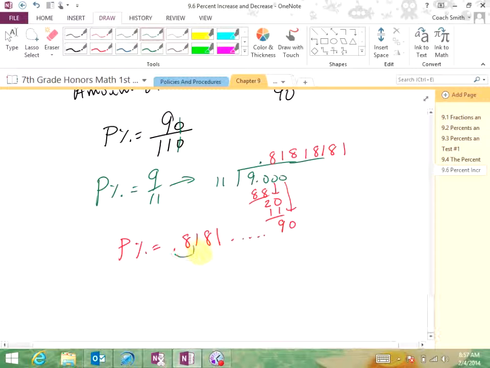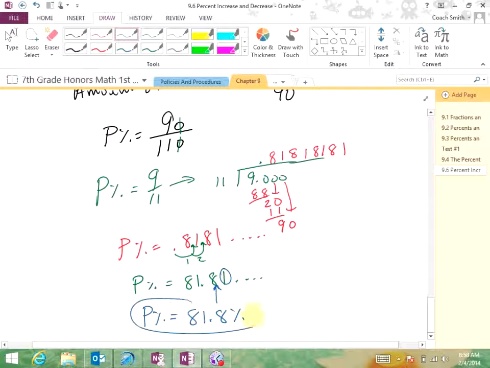Now, I move the decimal once, twice. So P% is equal to 81.81... There's the number we want to round to. There's the number we look at. So the percent change is equal to 81.8%.